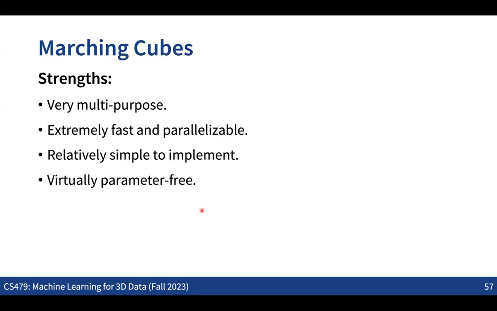So everything can be run in parallel, which means that we can accelerate this computation using GPUs. So that's really a good thing. And also this is a parameter-free way, so there's nothing to tune in terms of parameters. So it has lots of advantages.